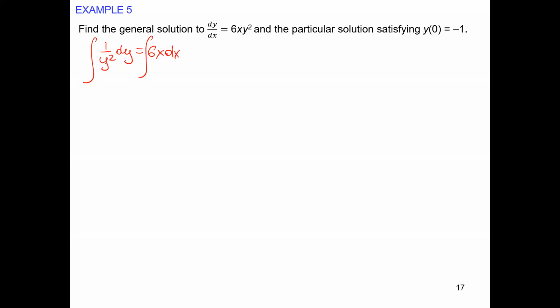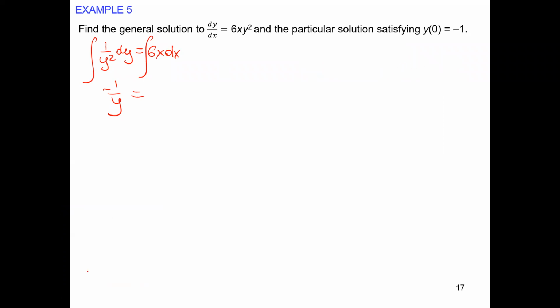Integral of 1 over y squared dy, I can write here, it's y to the negative 2, and it will be y to the negative 1 over negative 1, so negative 1 over y. Negative 1, yeah, just in case if we forget. And I can remove this. Yeah, you can definitely.